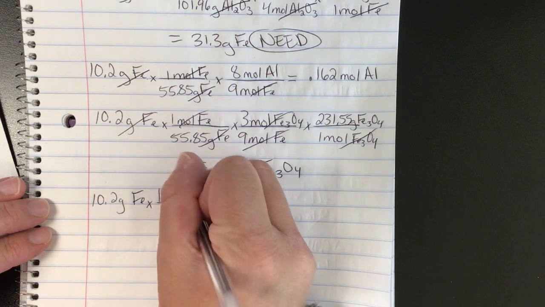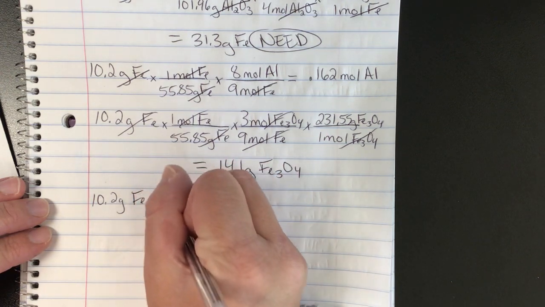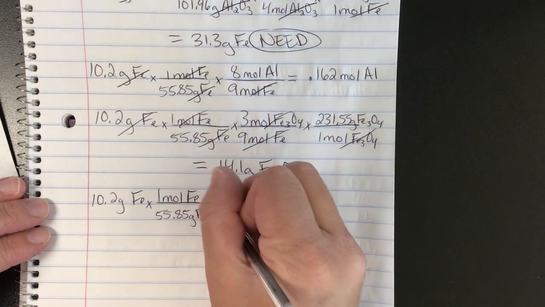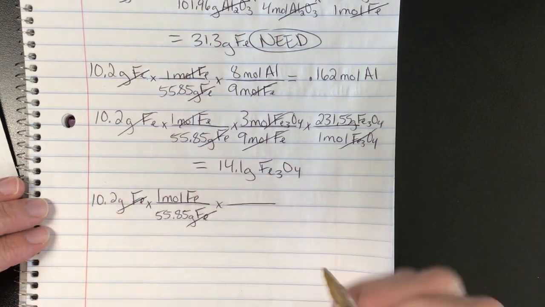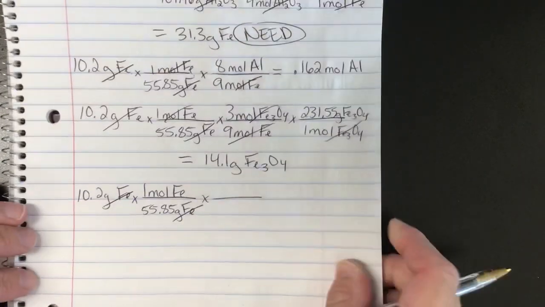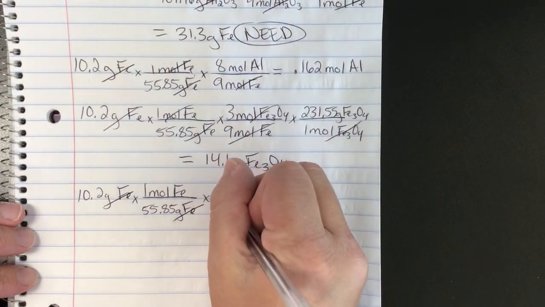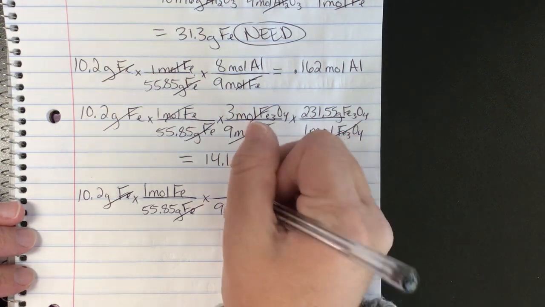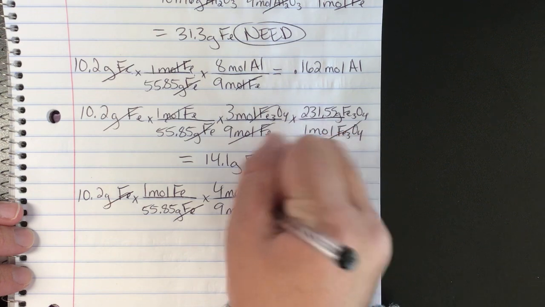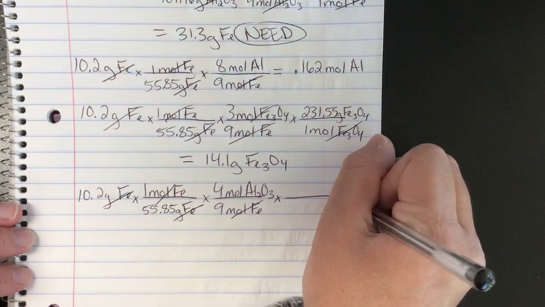So we've got to change to moles first. Now we can do our mole ratio, so it's just a 9 to 4. So 9 moles of iron, 4 moles of aluminum oxide. Back to grams.